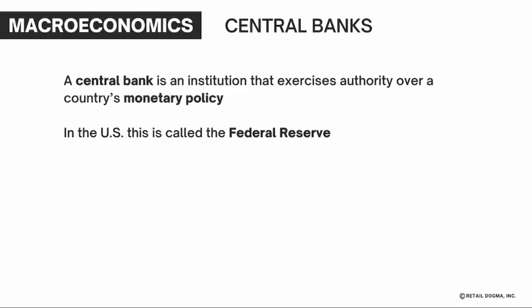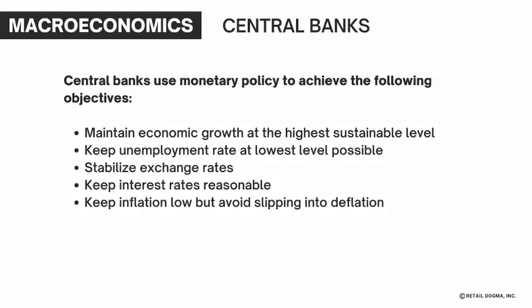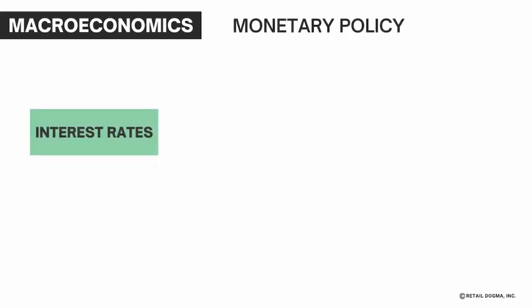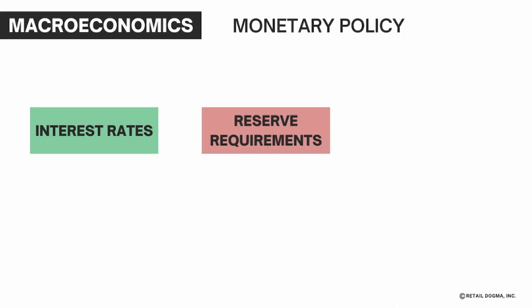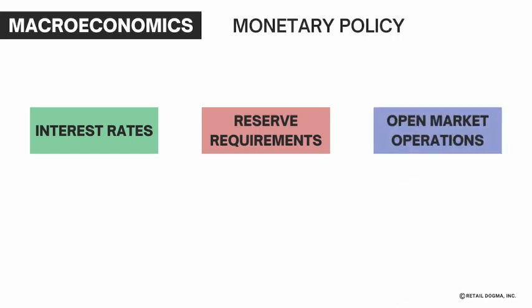Central banks use monetary policy to achieve the following objectives: maintain economic growth at the highest sustainable level, keep unemployment rate at the lowest level possible, stabilize exchange rates, keep interest rates reasonable, and keep inflation low but avoid slipping into deflation. They do this by controlling money supply in the economy, and they have three monetary policy tools to achieve this: interest rates, reserve requirements, and open market operations.